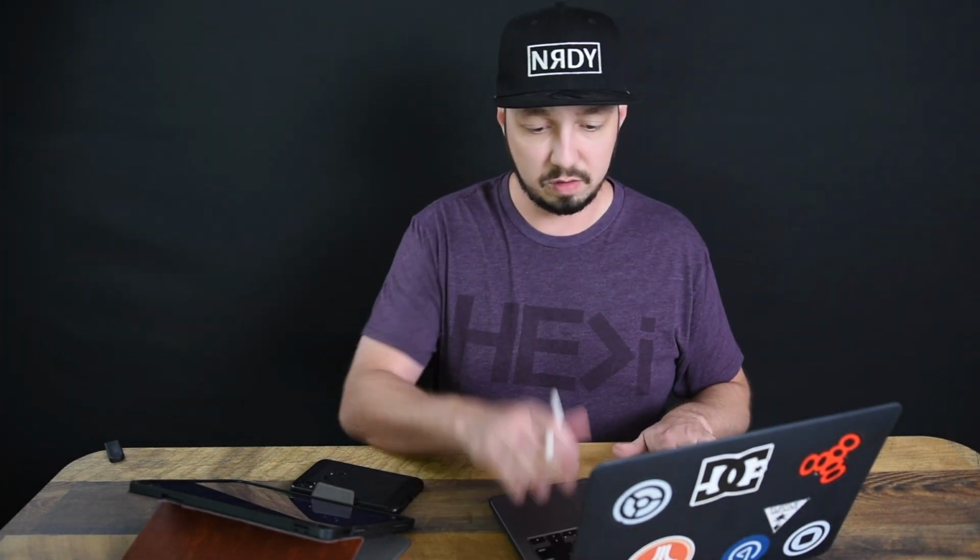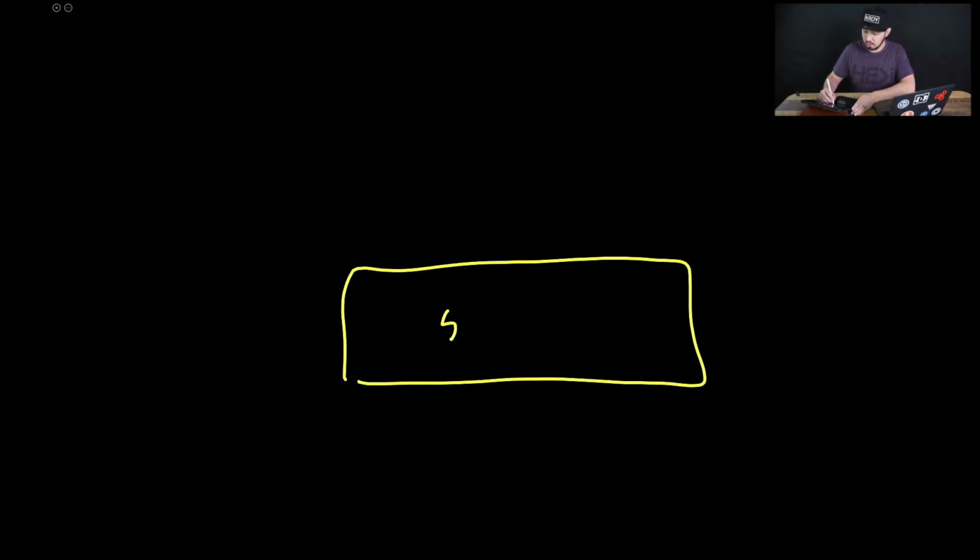Now, I want to be very clear about this, and I'm actually going to clear out the screen here. This is one more point that you do need to know about VLANs. So they are configured on the switch, right? And if we have, let's say, I'm going to draw one big switch here. And we have a switch here. And again, let's say we have a little guy here.